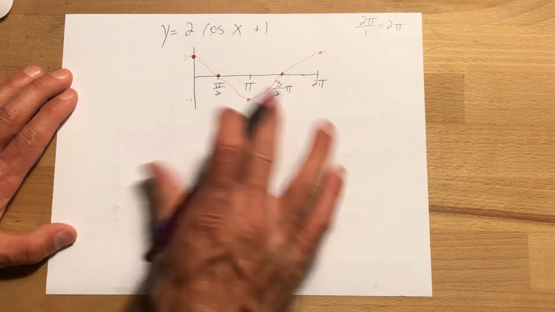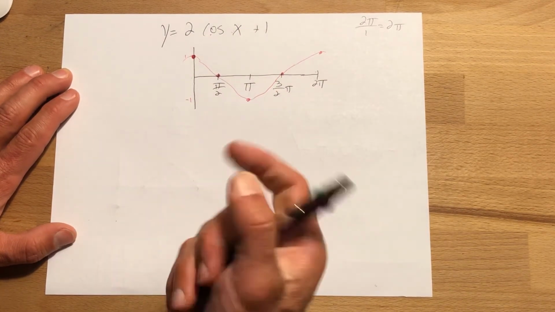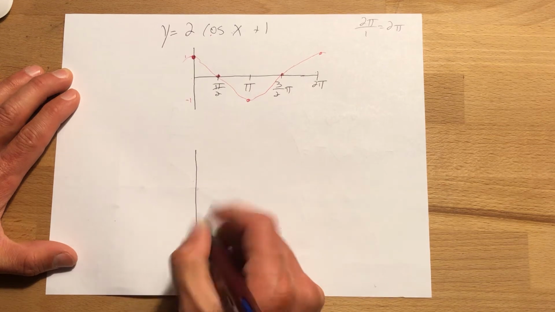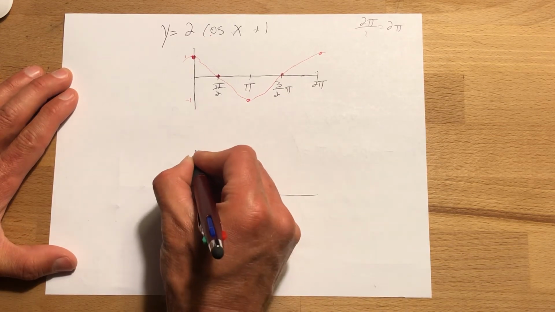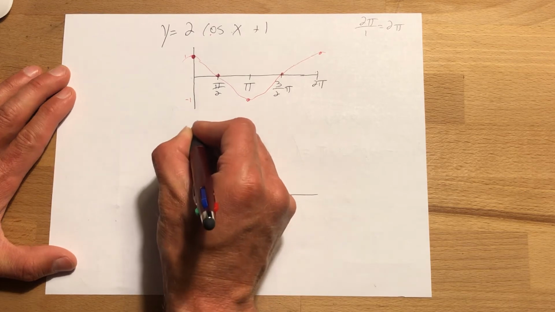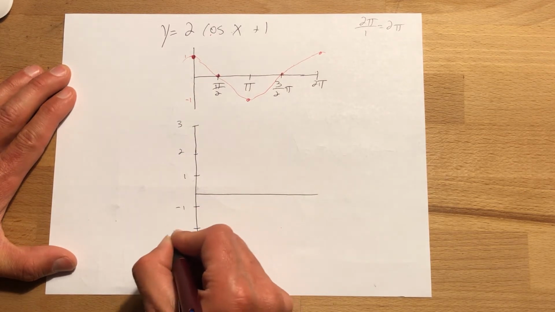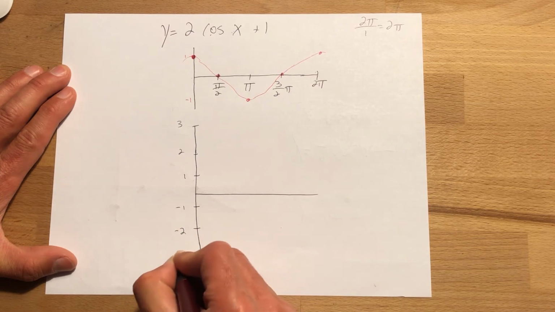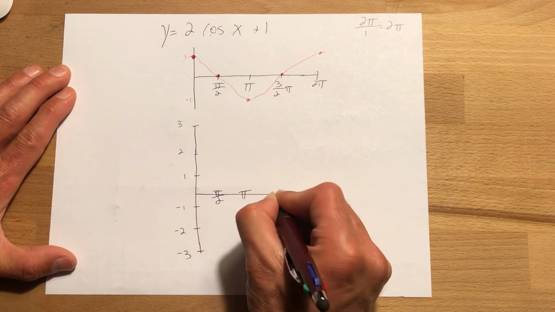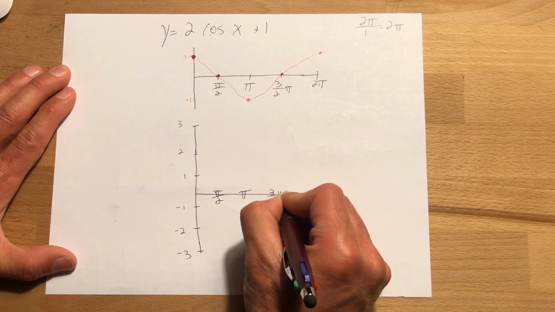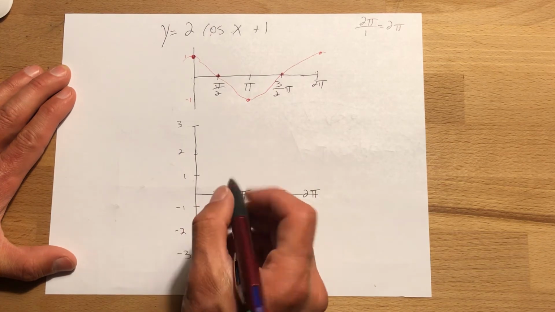Now what we're going to do is mess with this a little. Actually, let me draw this down here a little. I'm going to draw this better. So I'm going to say this is 1, 2, 3, negative 1, negative 2, negative 3, and this is going to give me pi over 2. This is pi, this is 3 over 2 pi, and this is 2 pi. Now, your cosine graph is going to look like this.